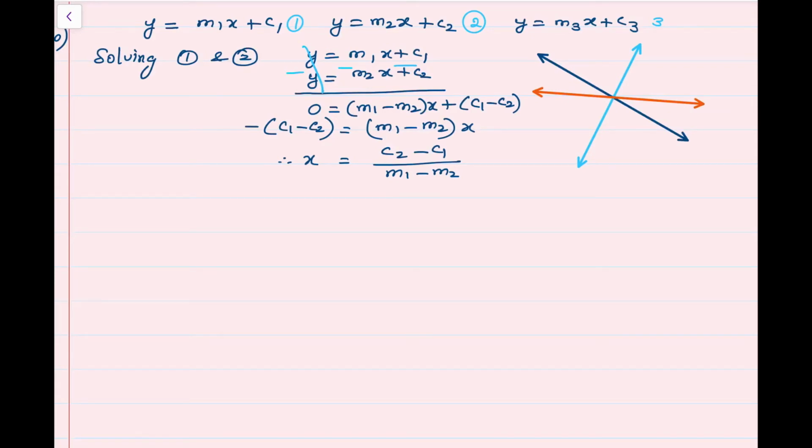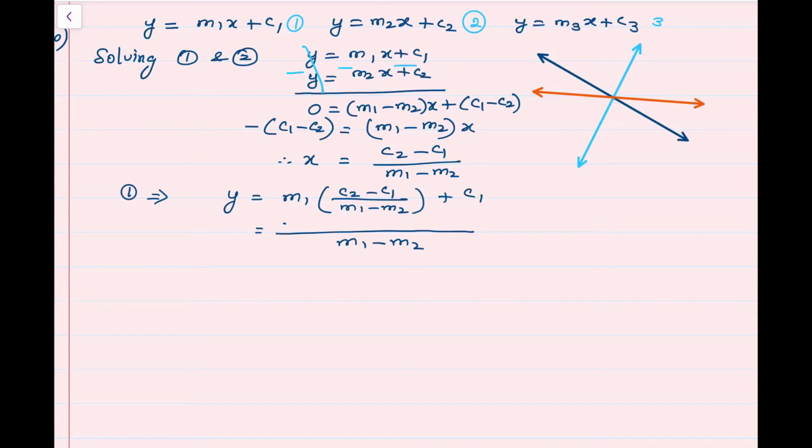We will substitute this x in the first equation to find the y coordinate. Y is equal to m1 times this x coordinate plus c1. The LCM is m1 minus m2. The numerator is m1 c2 minus m1 c1 plus m1 c1 minus m2 c1.